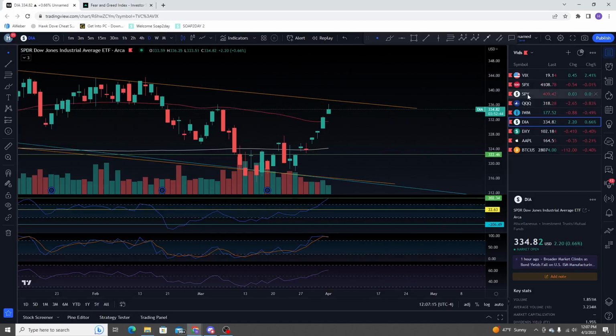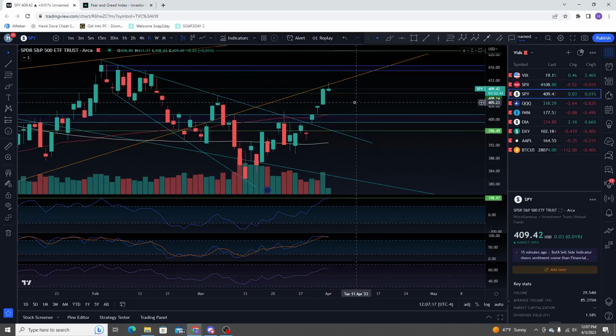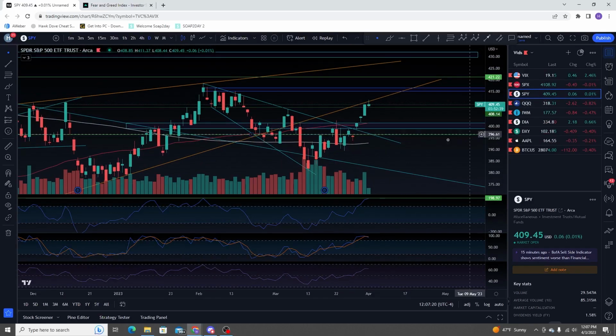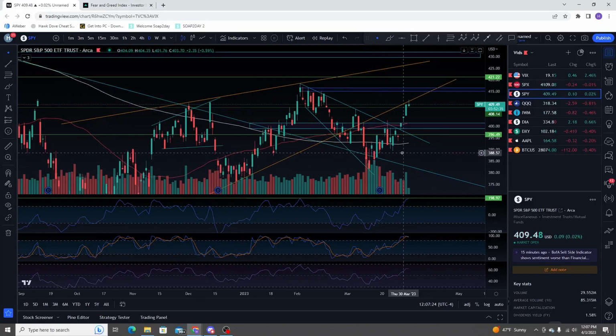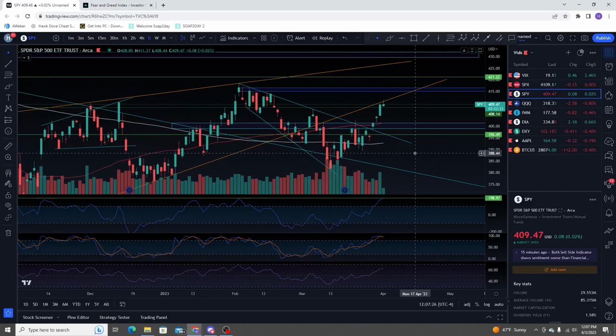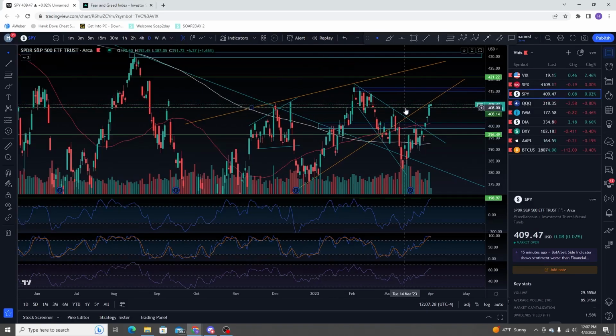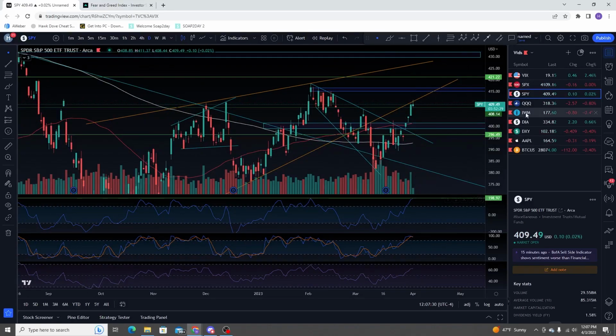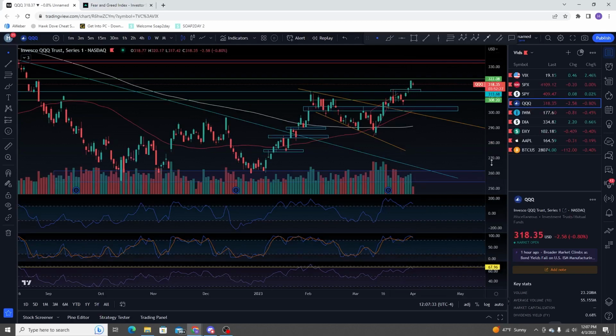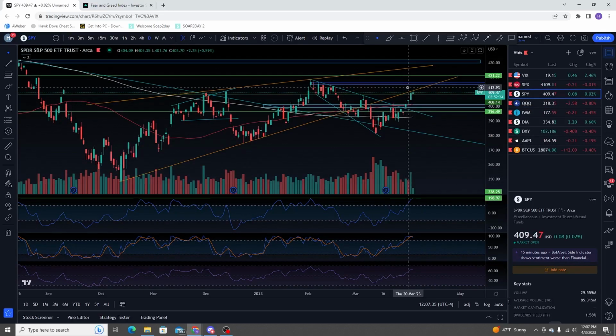But now let's take a look at these oscillators. You have SPY CCI. If you guys were here for the weekly update, then you know that this SPY CCI being up here and QQQ's RSI being at 68 told me that we should be getting, well, we've gotten in the past.